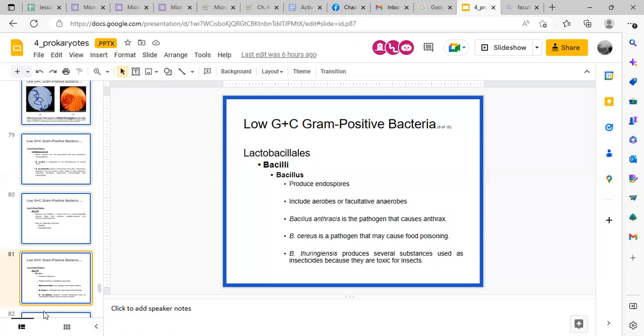It can damage multiple organ systems, so your body can undergo sepsis. It's one of the most powerful biological weapons.